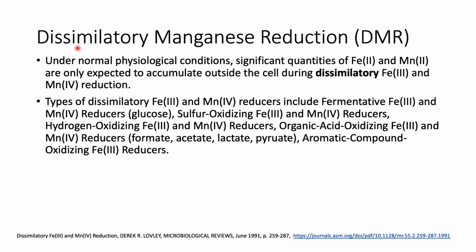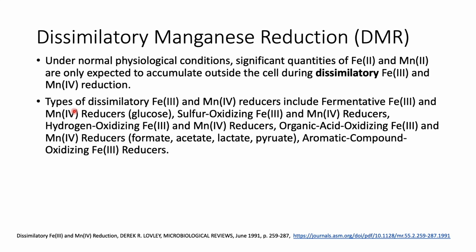The next one is the dissimilatory manganese reduction. So here, under normal physiological conditions, significant quantities of iron 2 and manganese 2 are only expected to accumulate outside the cell during dissimilatory iron 3 and manganese 4 reduction reactions.